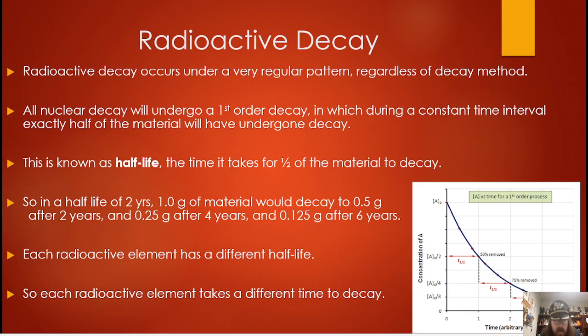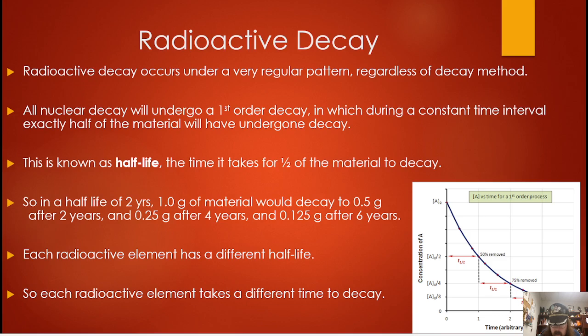So if you have a half-life of 2 years, 1 gram would decay to a half a gram after 2 years. After the 4th year, it would be down to a quarter of a gram. After the 6th year, it would be down to 0.125 grams, and so on and so forth. 8 years, it'd be even smaller, but it doesn't just go away. It's always by half.